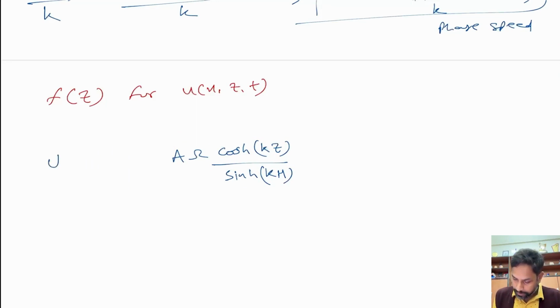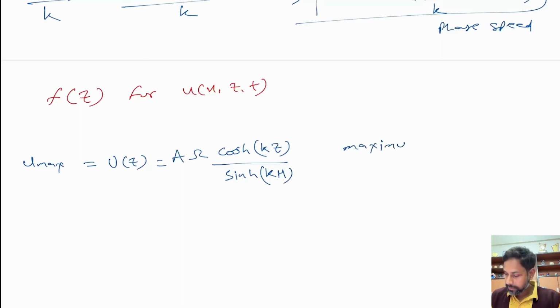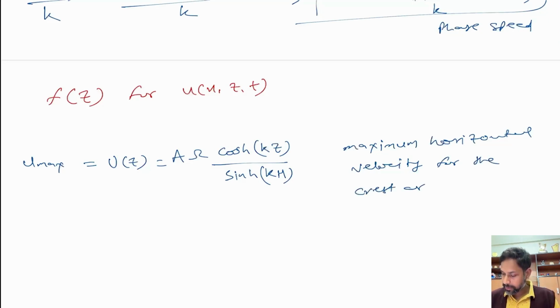So let's say u max is actually equal to u of z, as we have also considered in the beginning, right? So this is the maximum horizontal velocity for the crest or trough, right?